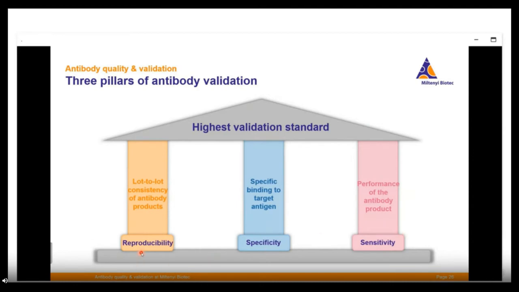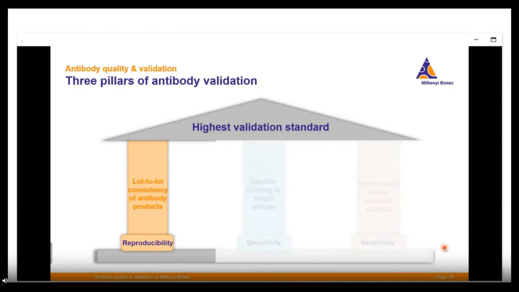This includes reproducibility, specificity, and sensitivity. Our aim is to use the available tools to validate all our antibodies and communicate this to our customers in a very transparent manner. So in the next slides, I will show you what steps we are taking here at Miltenyi Biotec to achieve these validation standards.